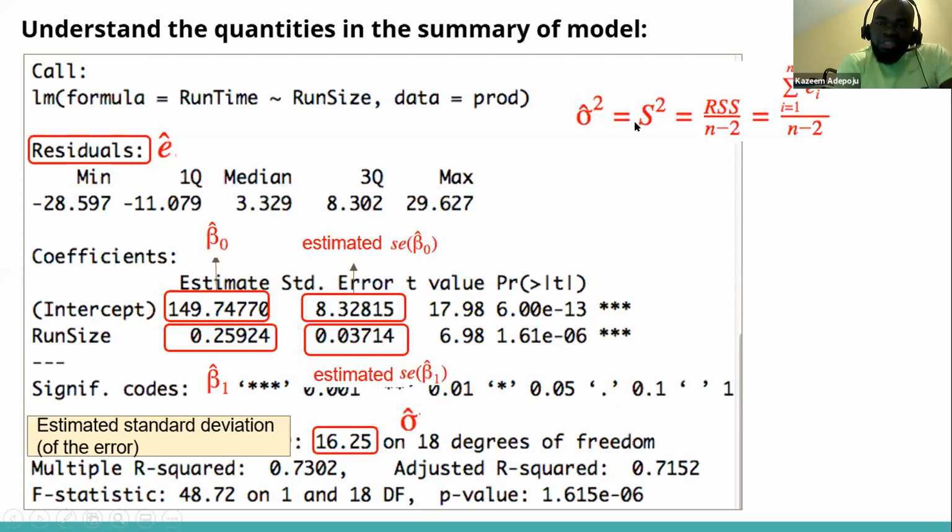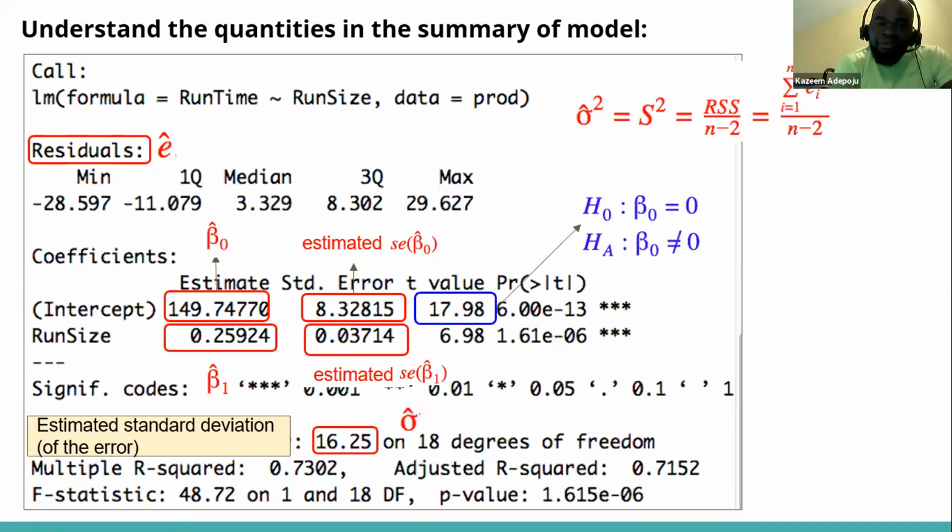The sigma squared is more or less like the sum of squares error that we talked about last week, divided by n minus 2. You remember the sum of squares error? So the ratio of the sum of squares error to the degrees of freedom, n minus 2, is the sigma squared. I want you to have that in mind.